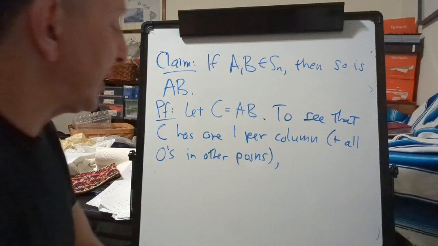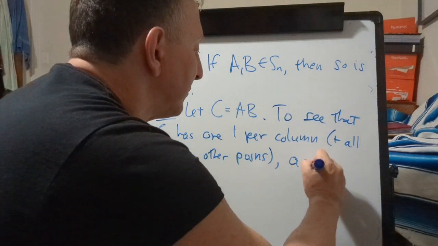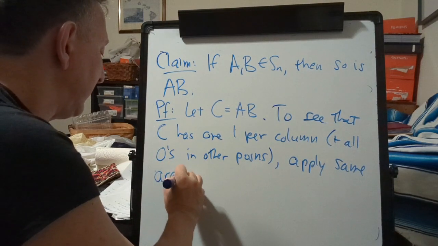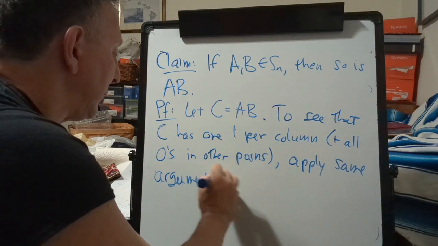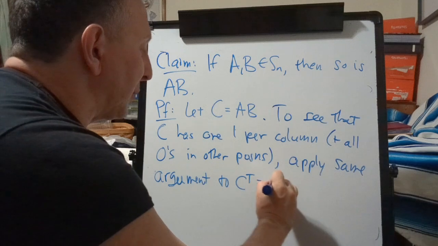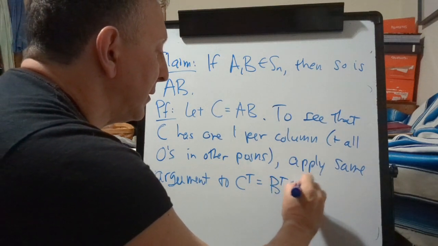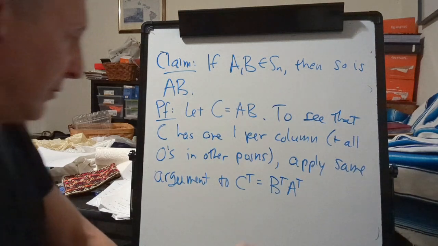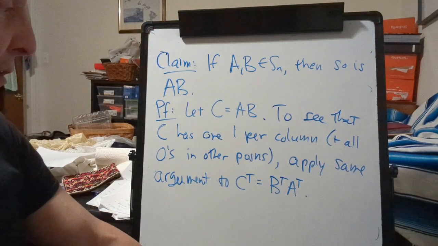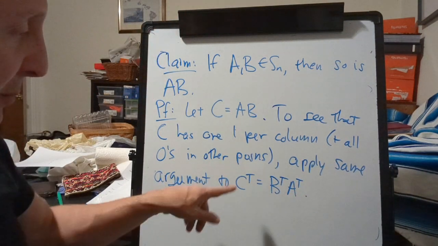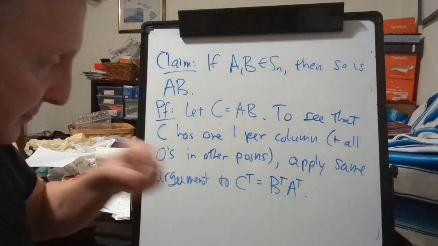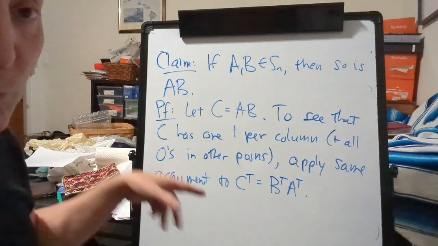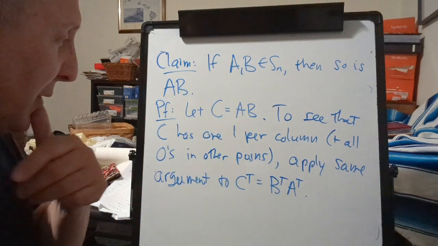We can apply the same argument to C transpose. Now, if C equals AB, then C transpose is B transpose A transpose. So namely, we just showed that a product of two permutation matrices has exactly one 1 per row and all zeros otherwise.